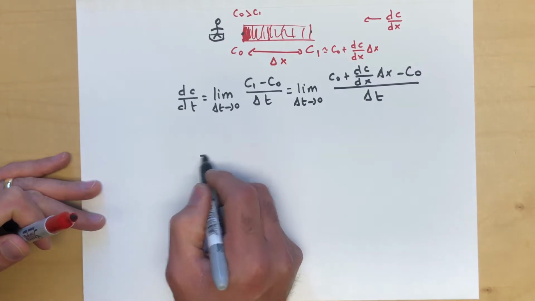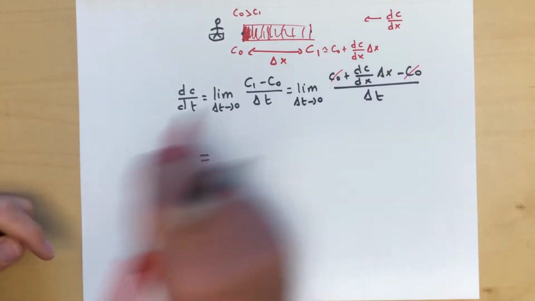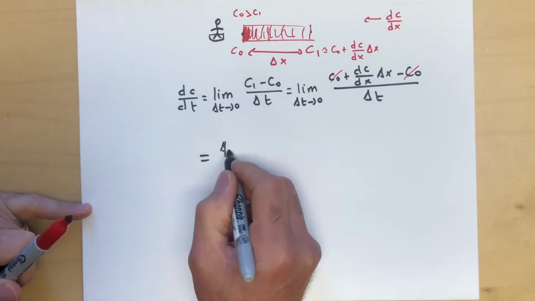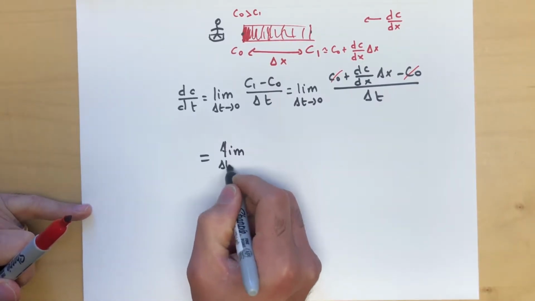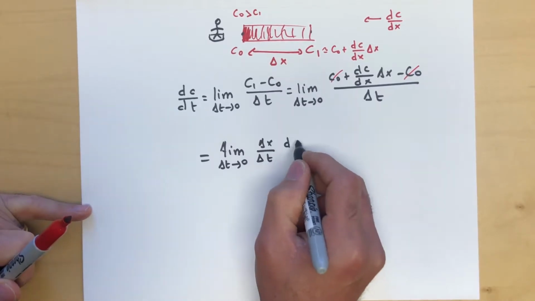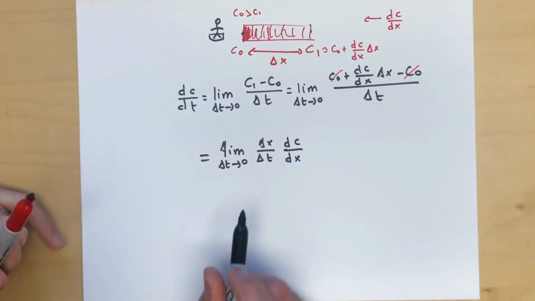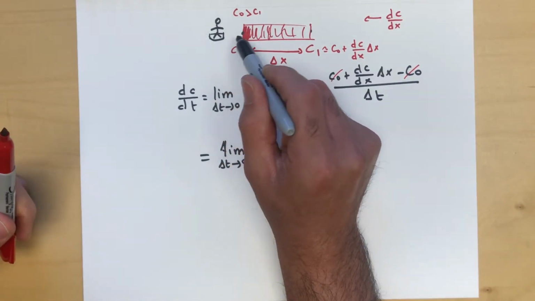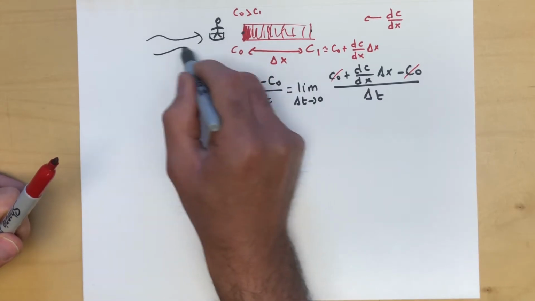So C0 and C0 cancel out. So we get this equal to the limit as delta t approaches 0 of delta x over delta t times dC by dx. Now this person on the boat is traveling at the same speed as the fluid flow.